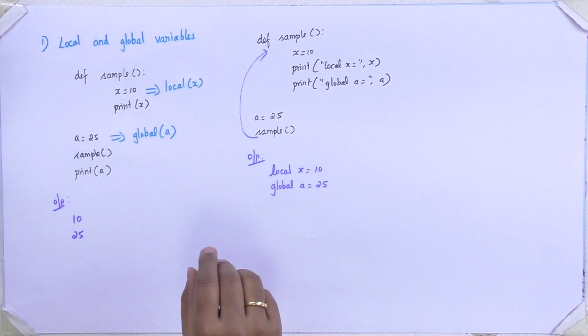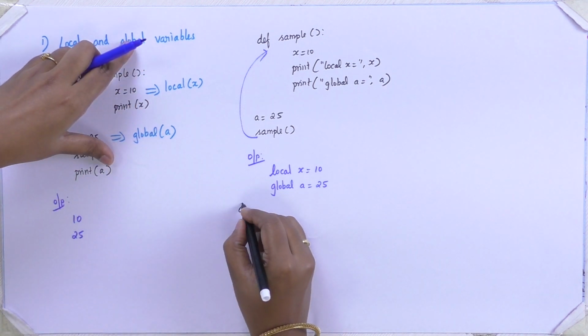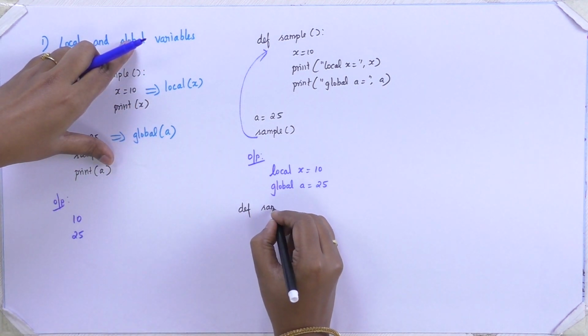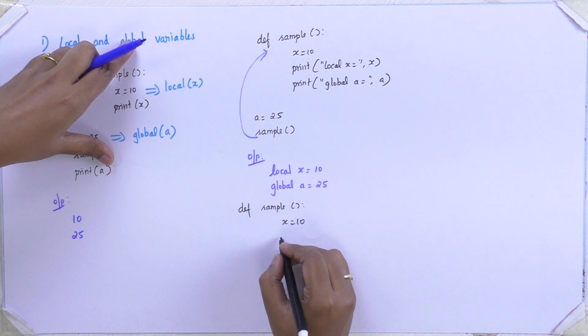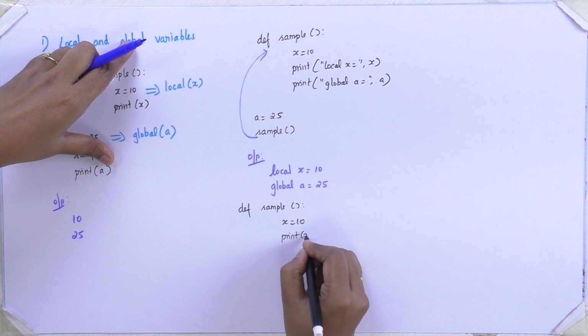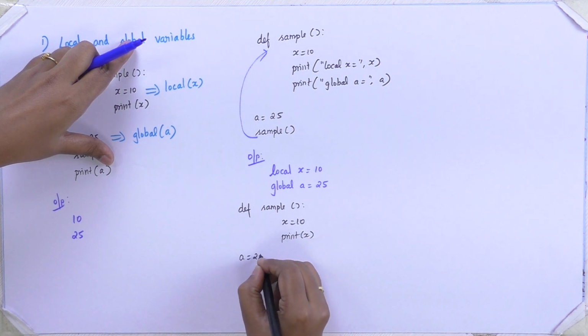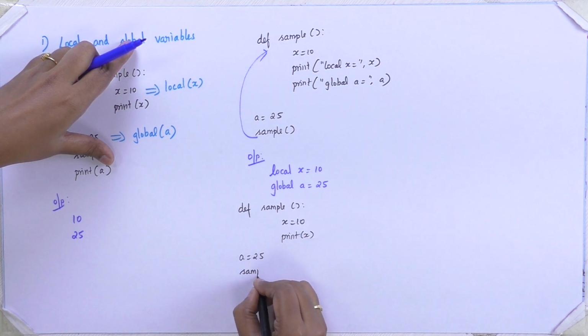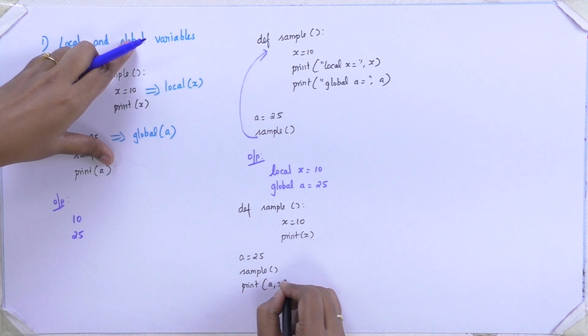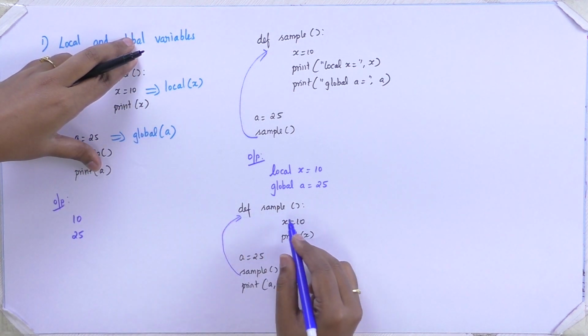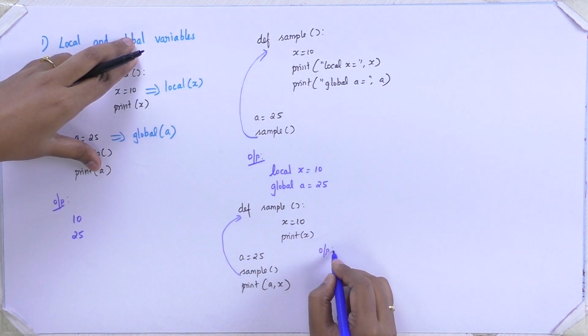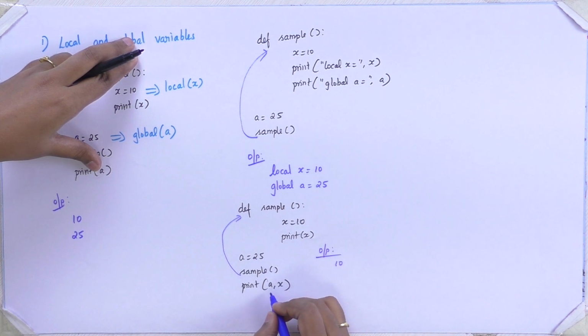Say for example, if I rewrite the same program with definition sample, x is equal to 10, print x, a is equal to 25, I'm calling the function sample and print a comma x. If this is the case, a value will be 25, you are calling the function, x value is 10, so output will print 10, and after that you are trying to print the value of a comma x.